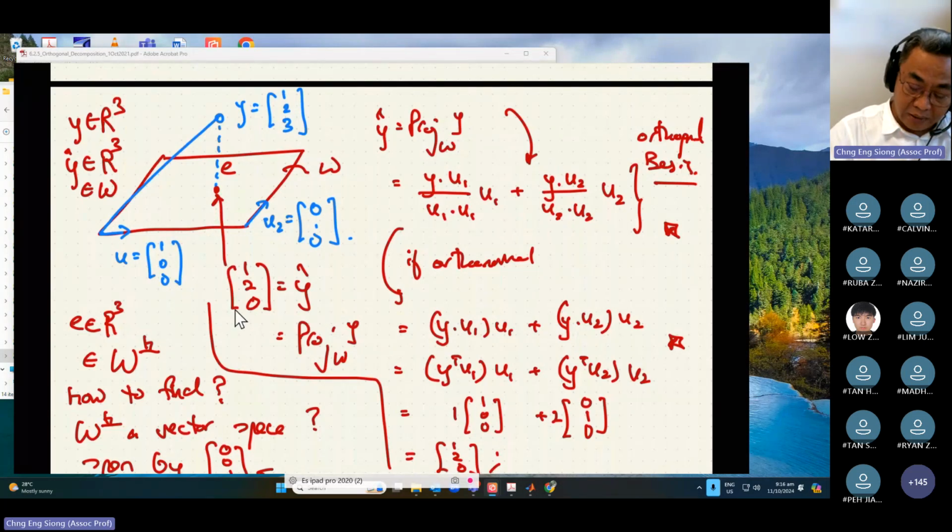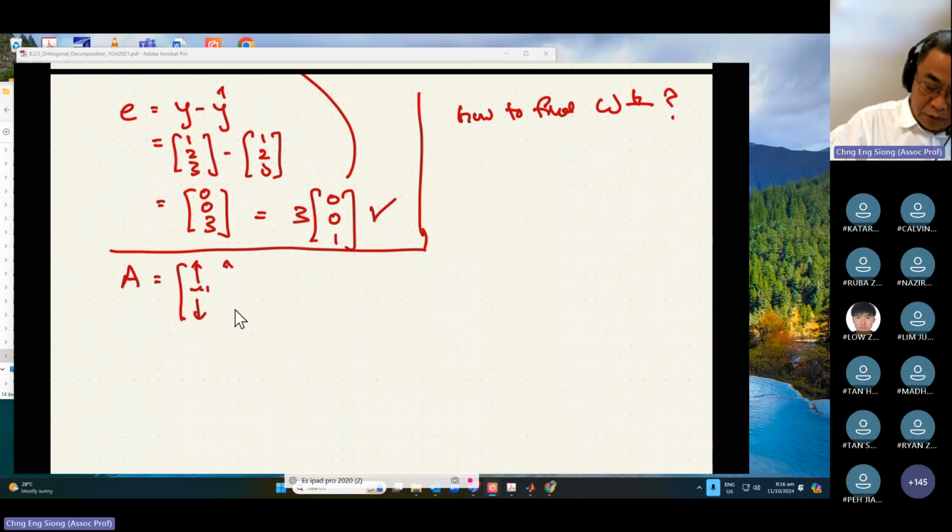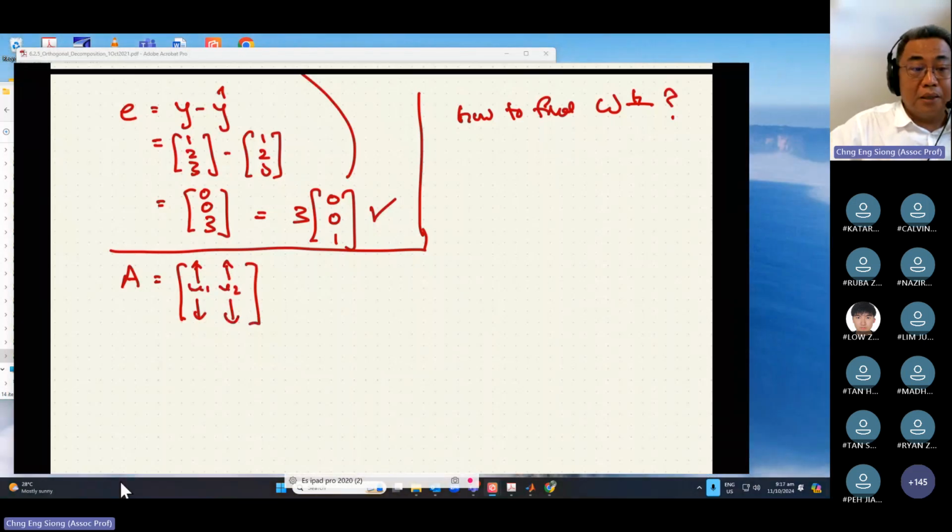But if you can't, I'm going to give you a general idea. It's back to your vector space question. Let us have a matrix with columns u1 and u2, and in this example it is 1, 0, 0 and 0, 1, 0.